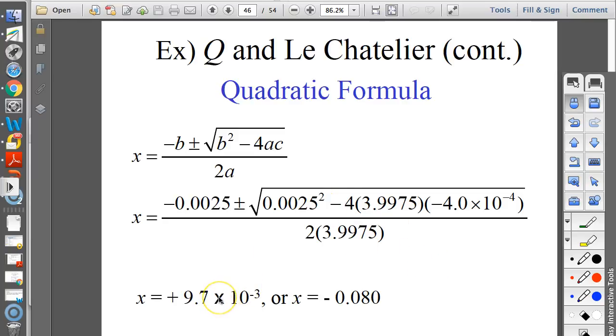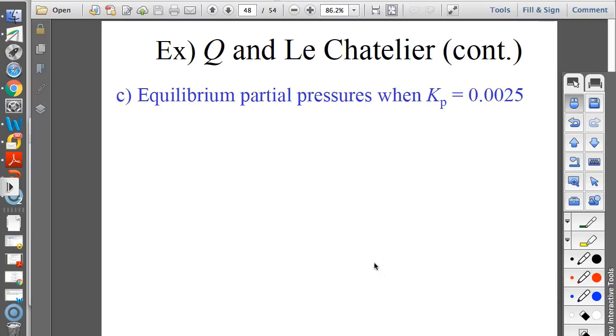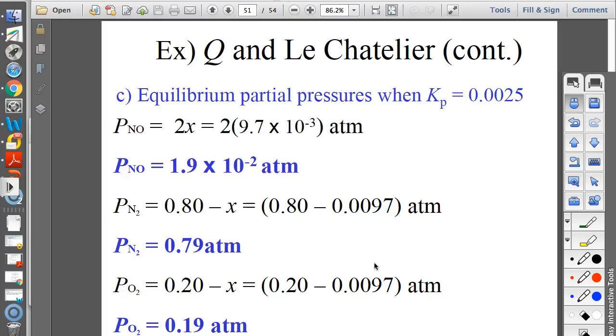If you happen to need to on some tests, you'll get a positive and a negative x, and the positive x is the correct answer, because the negative one won't work out. And you can tell here, if we had done the math with the new Kp value, because it was a little bit larger, there was actually a change in the pressures mathematically.